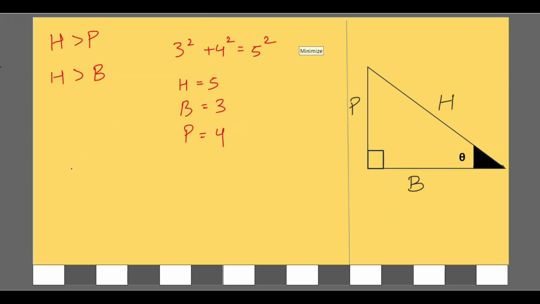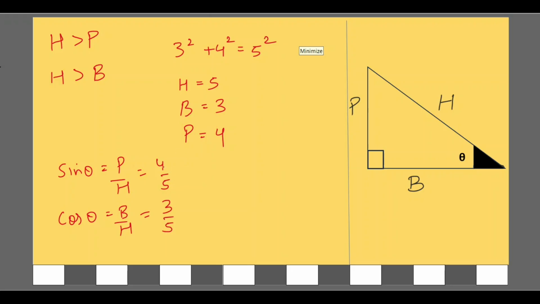So here sine theta will be, remember sine theta is P by H, which is 4 over 5, and cos theta is base over H, where base is 3 over 5.